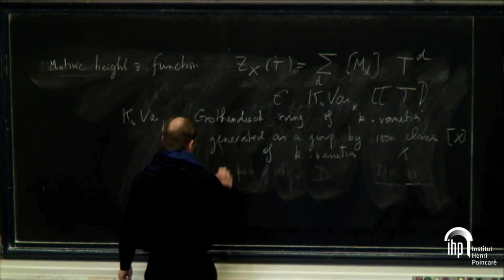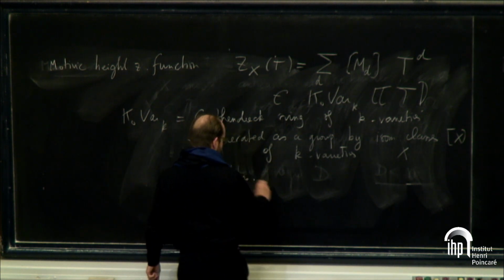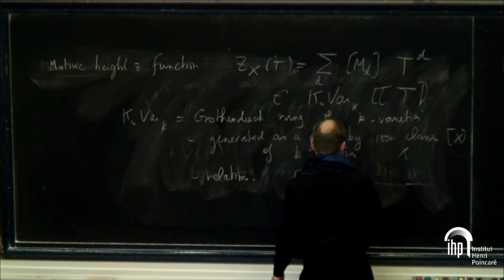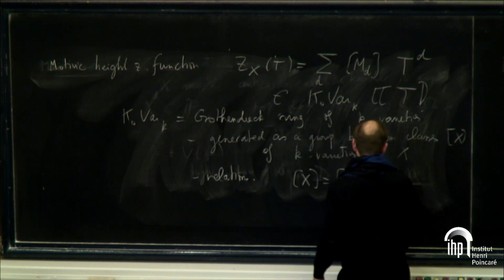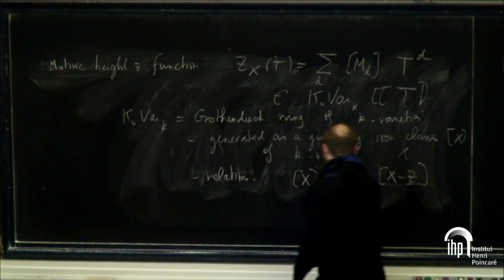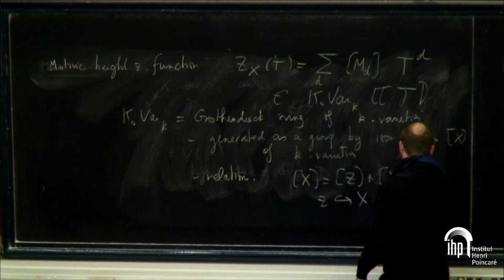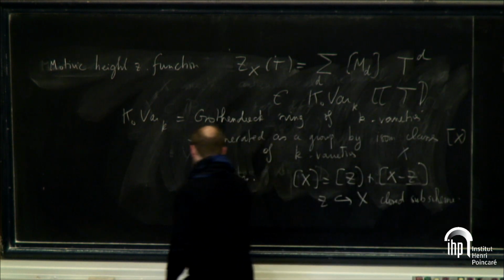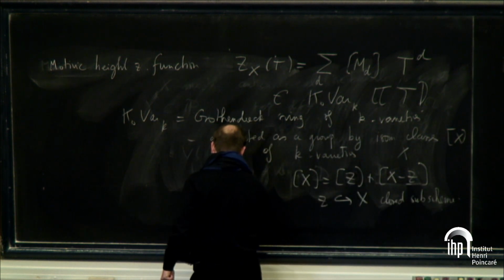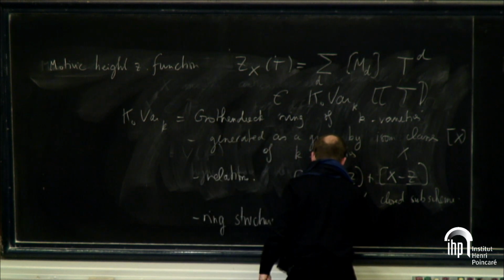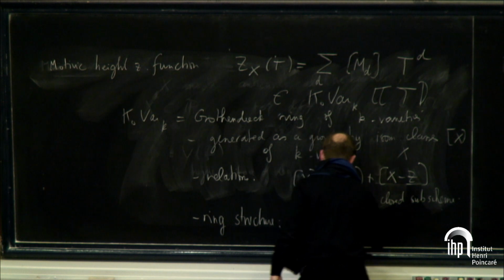And the relations in this group are just that the class of X is the class of Z plus the class of X minus Z, where Z is a closed subscheme. And the ring structure is the one you imagine, namely the product of two classes is just the class of the product.